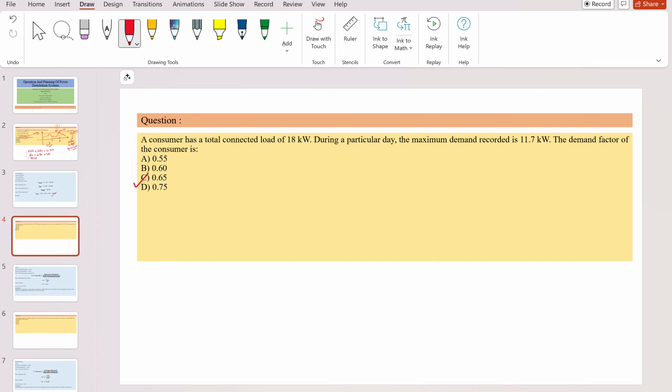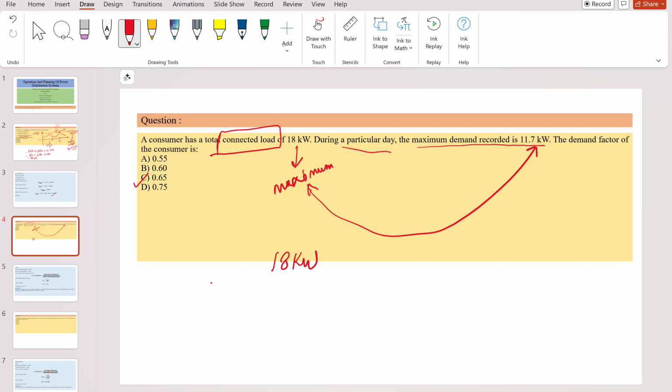In this problem, you have to understand the connected load concept that I have already explained. During a particular day the maximum demand recorded was 11.7. Now there are two things here. Suppose the connected load rating given is 18 kilowatt; it is not equal to the maximum. There is a difference between devices.